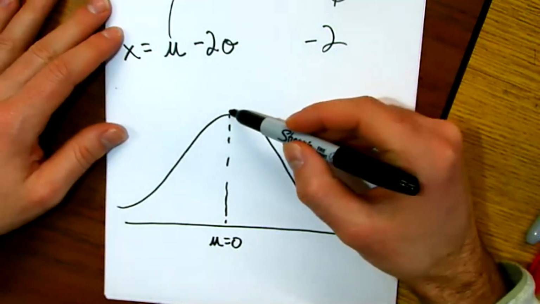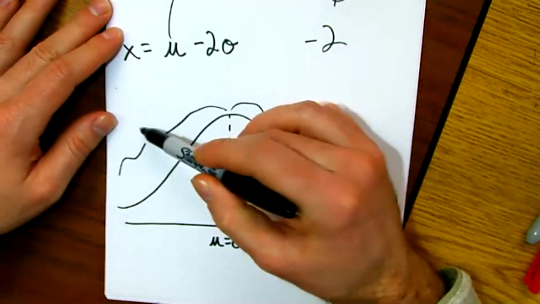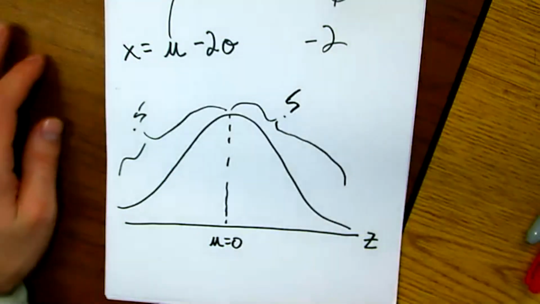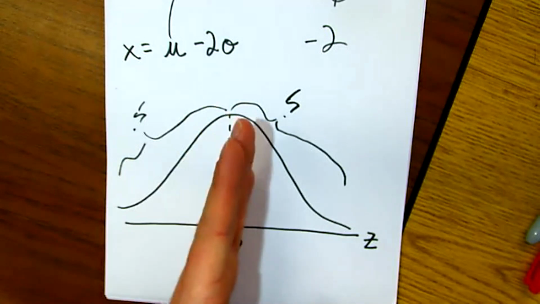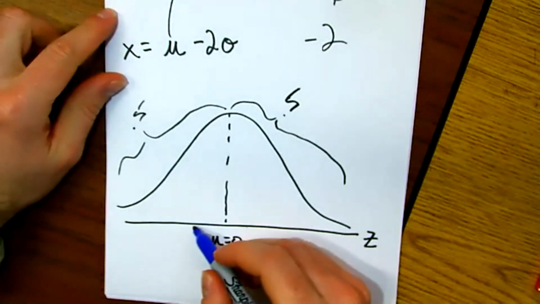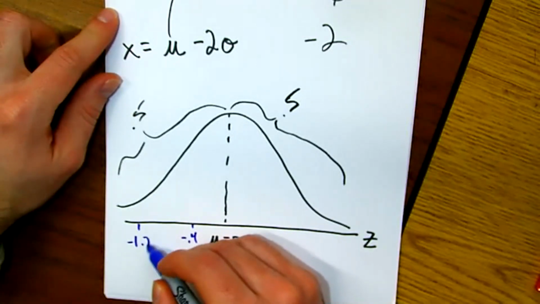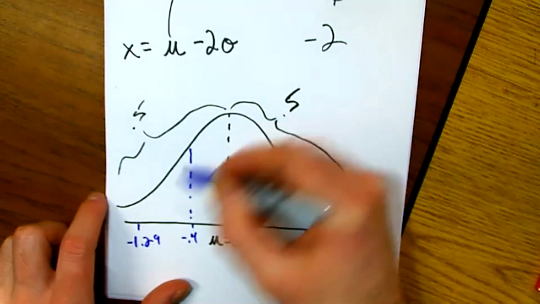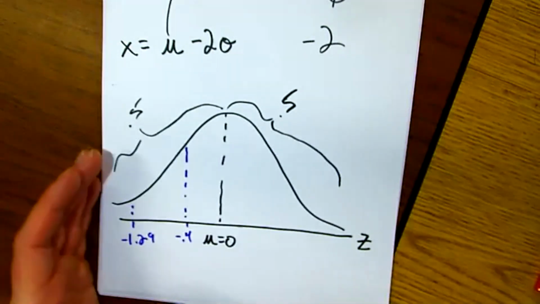What's the probability I see something to the right and the left of that mean? It'll always be 0.5, right? Because it's a symmetric distribution. So the mean is exactly equal to the median, and it splits this in half. So anytime I see a negative z-score, even if it's like negative 0.4 or negative 1.29, the area to the left of it has to be less than that area of 0.5.